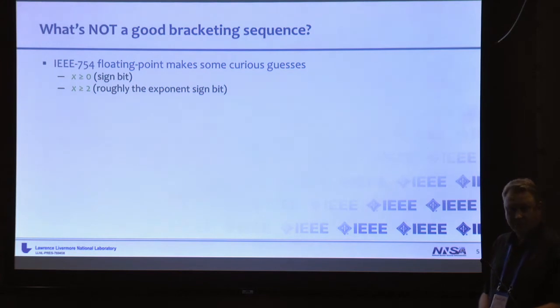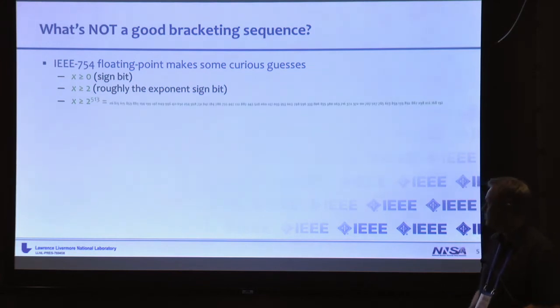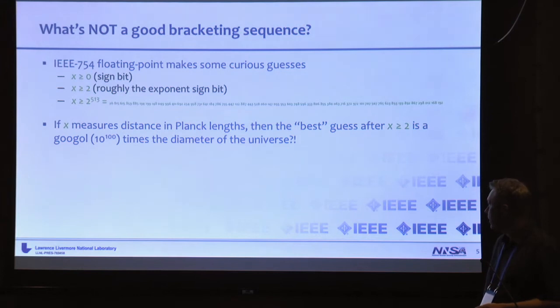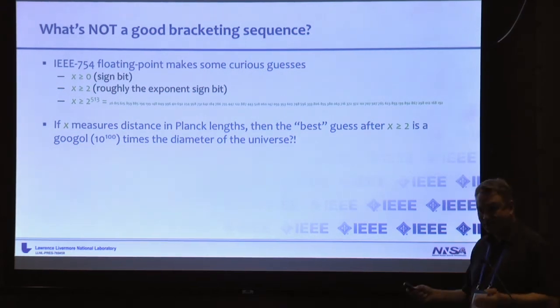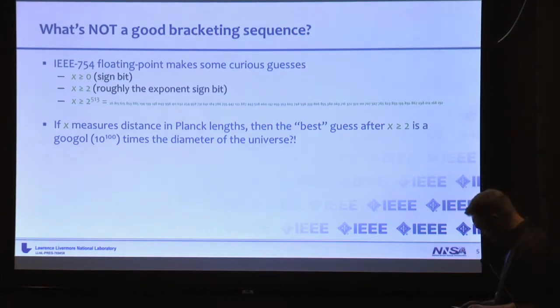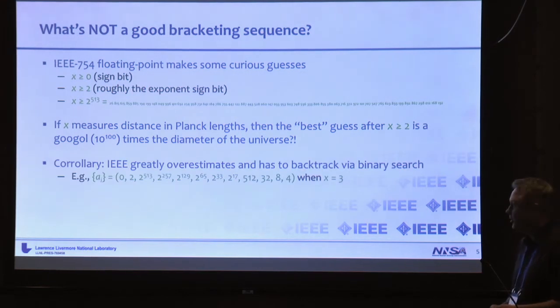Now, the next guess, if we're above 2, is 2 to the 513th. Just to get an idea of how large a number this is, suppose that we were to measure distances in Planck lengths. That's the smallest meaningful length, right? Then this guess corresponds to about 1 googol, or 10 to the 100th, diameters of the universe. Is that really the best next guess to make after 2? Well, that's what IEEE would have, right?